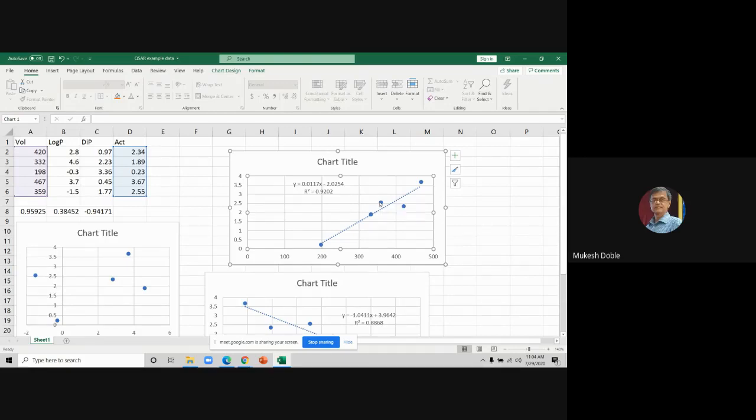So what's the use of this equation? If I have a new molecule, and as a drug discovery scientist you think this molecule will work, I don't know the activity. I have to go to my wet lab to determine activity.